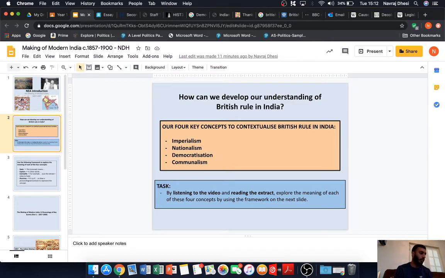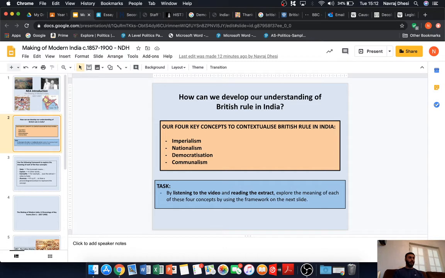Lastly, we've got communalism. So communalism is antagonism, okay, it is conflict between groups which are organized around affiliations to a particular religion. So Hindu, Muslim, or Sikh, for example, in India. It is also a conflict, though, between different castes.